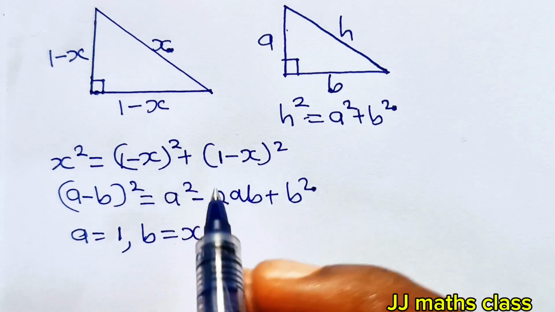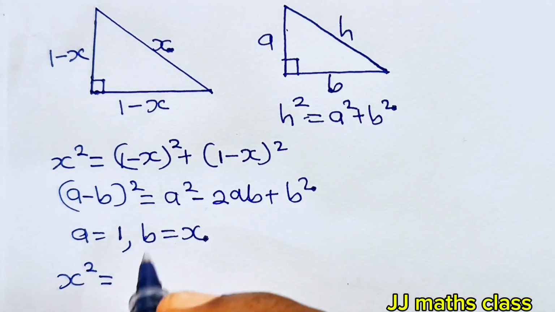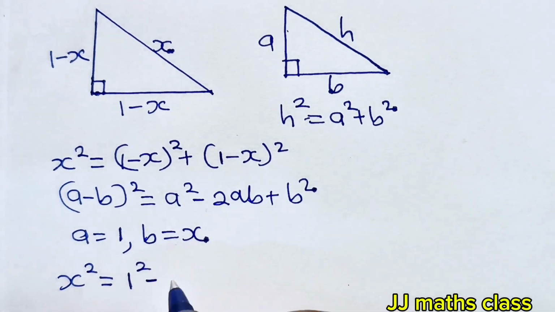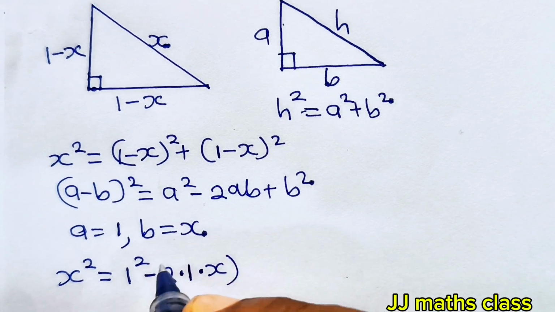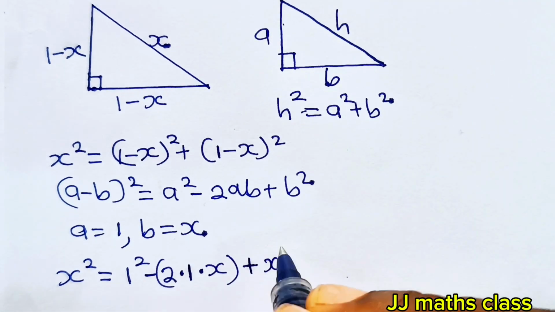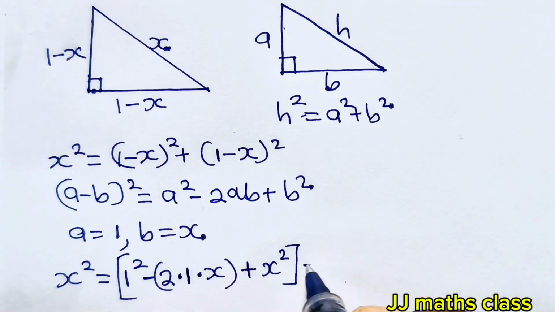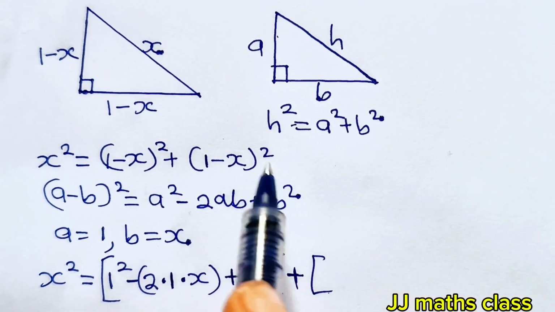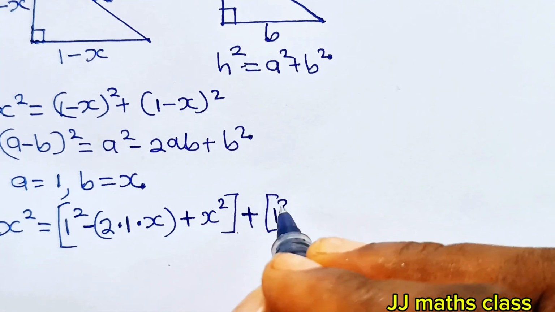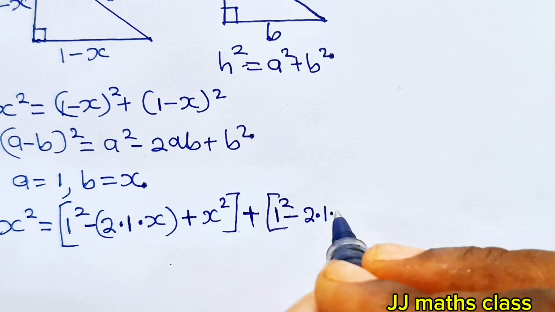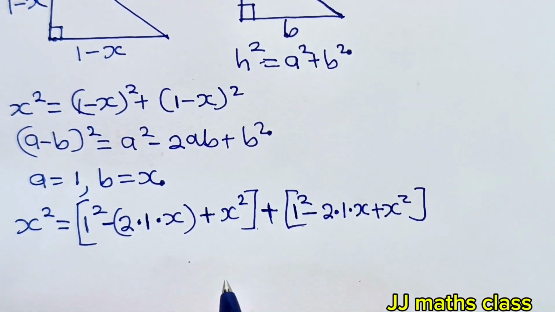We can write that x squared is equal to a squared, that is 1 squared, minus 2ab, that is minus 2 multiplied by 1 multiplied by x, then plus b squared, plus x squared. Then plus the same thing, since these two are the same: 1 squared minus 2 multiplied by 1 multiplied by x plus x squared. Okay, all right, now let's simplify.